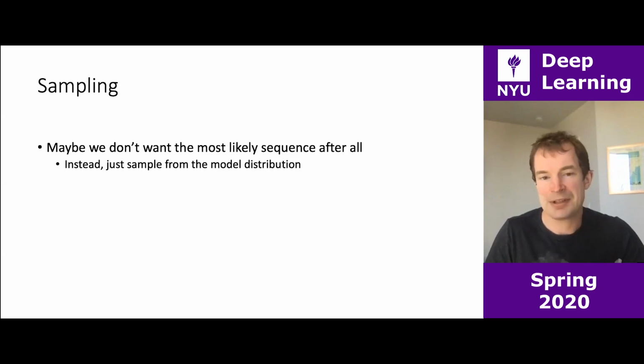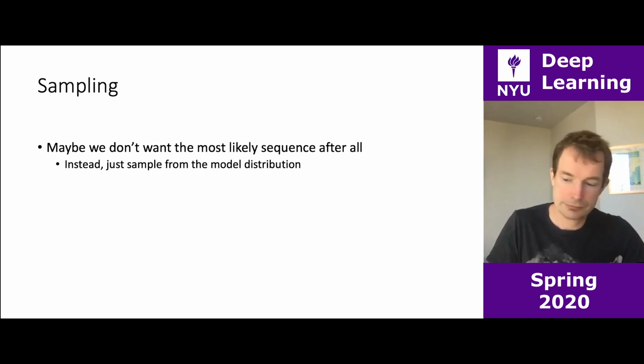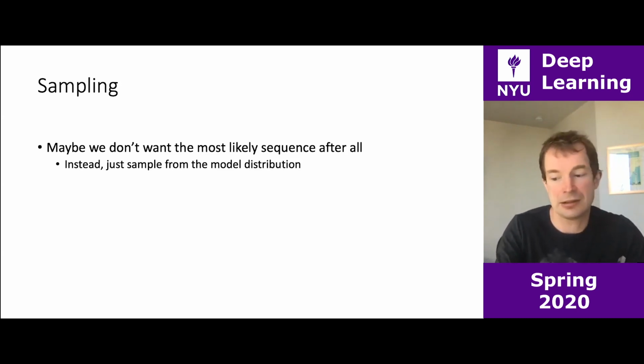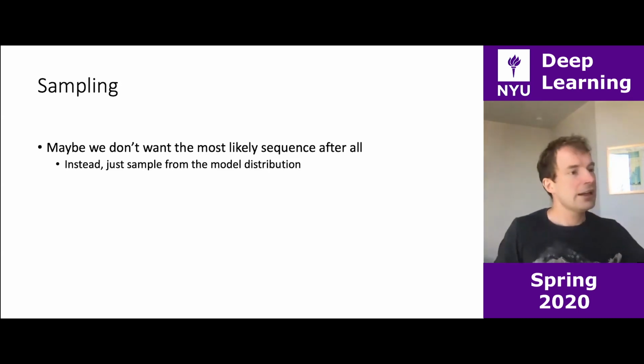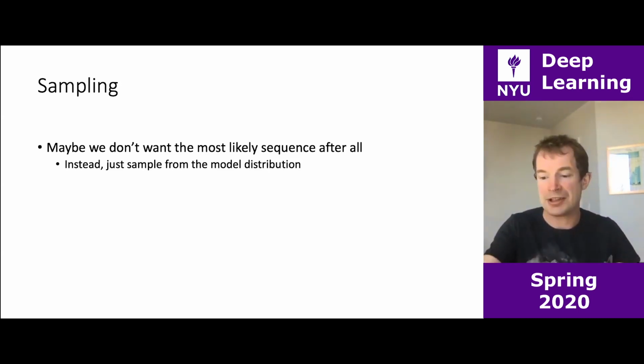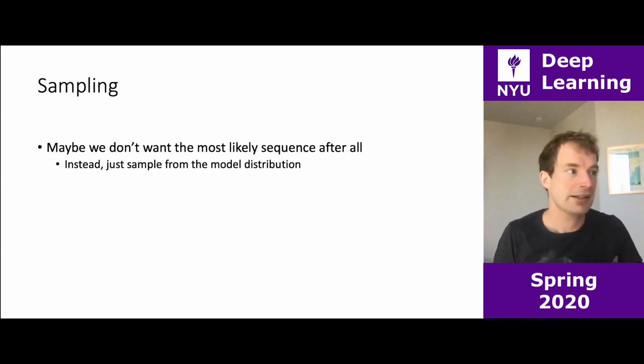And if you do this kind of beam search, often what you'll get is the most generic response to anything you say. So whatever you say, it'll be like, oh, that's interesting, thanks. And maybe that actually genuinely is the most likely thing to say, because these responses are good in most situations.